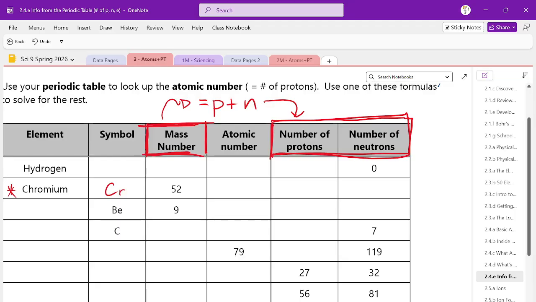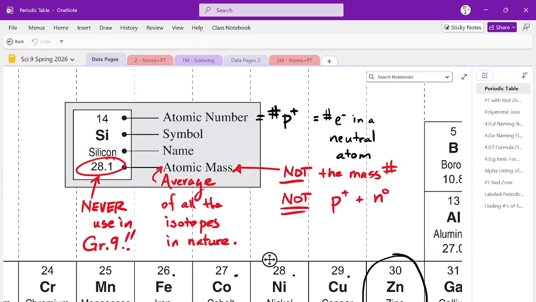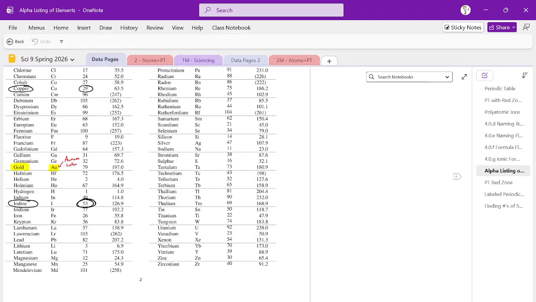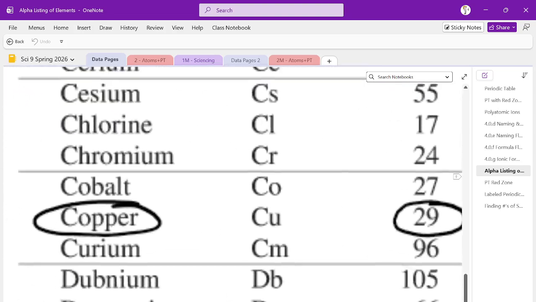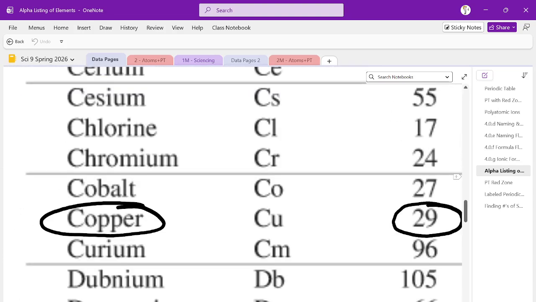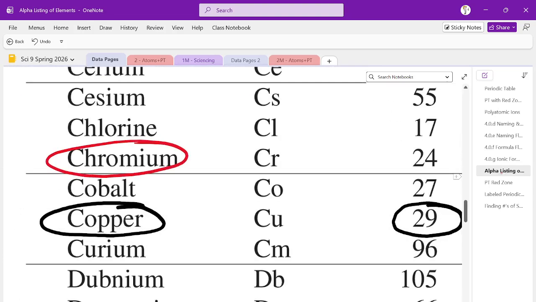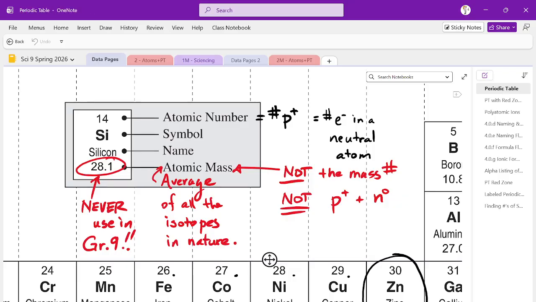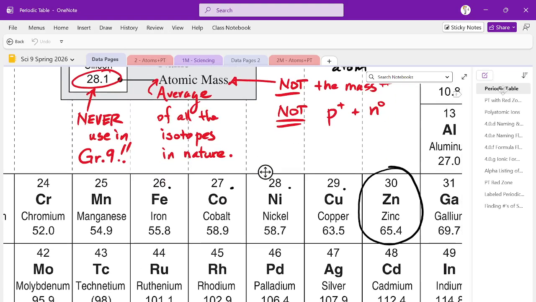What is the atomic number of chromium? It is 24. Okay, and like I said, don't forget, if you can't find it, you can always go to the back and look up chromium, alphabetical order, there it is, and it is atomic number 24 and its symbol is Cr. Then we can always go to the front of the periodic table and say 24 is right there.